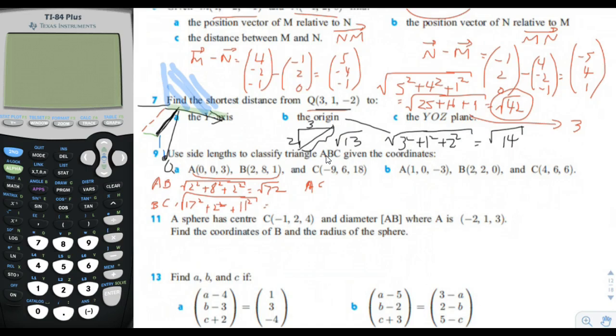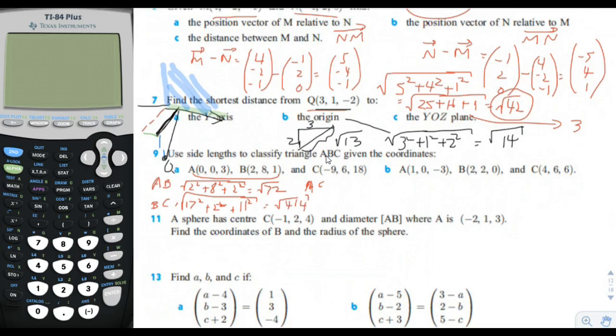Okay, so that would be 17 squared plus 2 squared, which is 4, plus 11 squared, which is 121, 414, square root of 414.